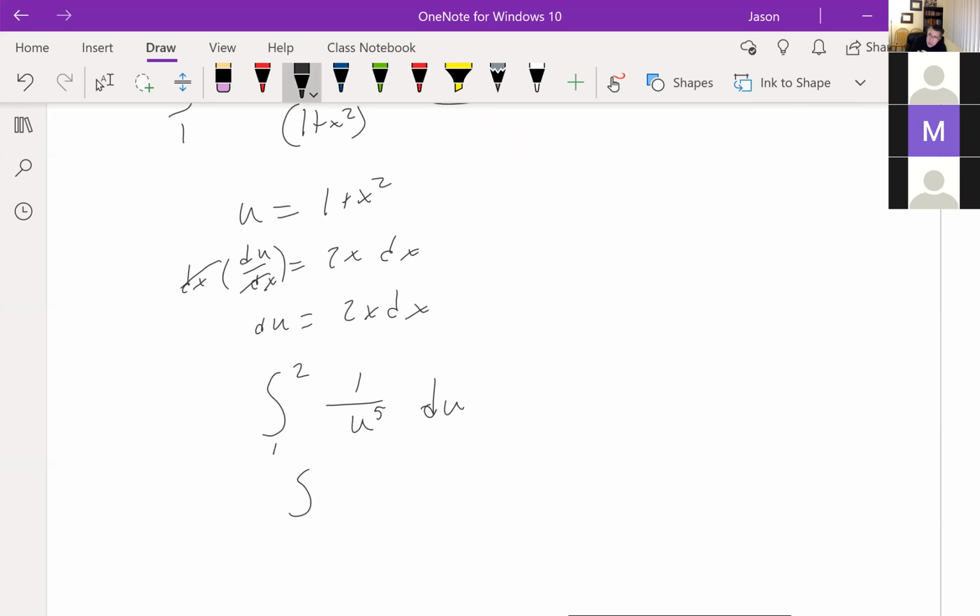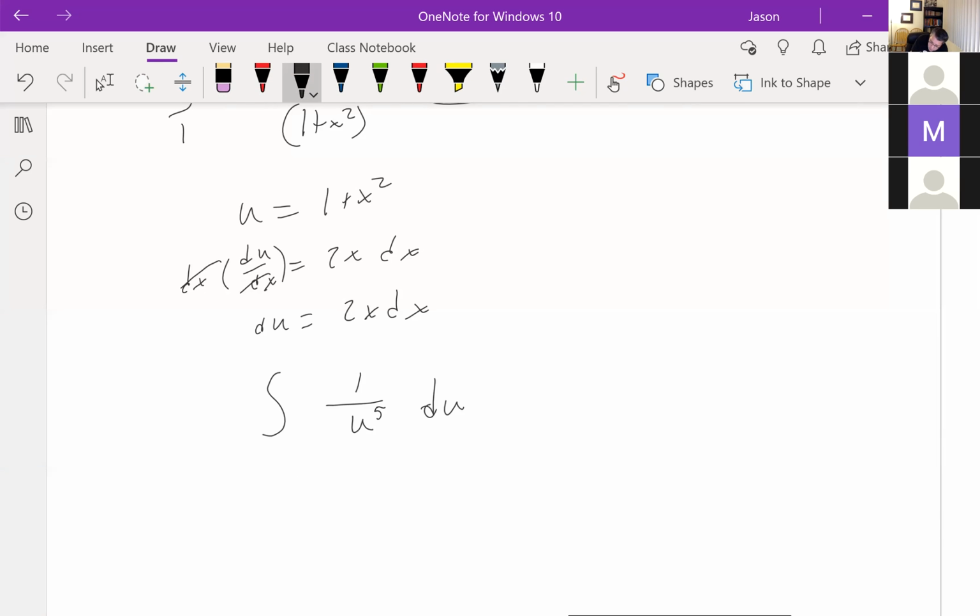I'm going to leave off the limits of integration until I sub back in for x, because those limits were in terms of x, not u. But when I sub back in for x at the very end, I'll show you how we're going to deal with that.